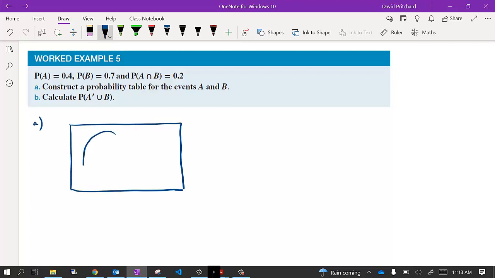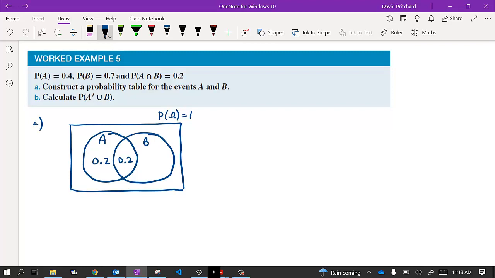We've got A and we've got B. We know that the probabilities are just going to add up to 1. We know what A and B is, so we know this middle here is 0.2. We know that the probability of A must add up to 0.4, so what's missing is 0.2.